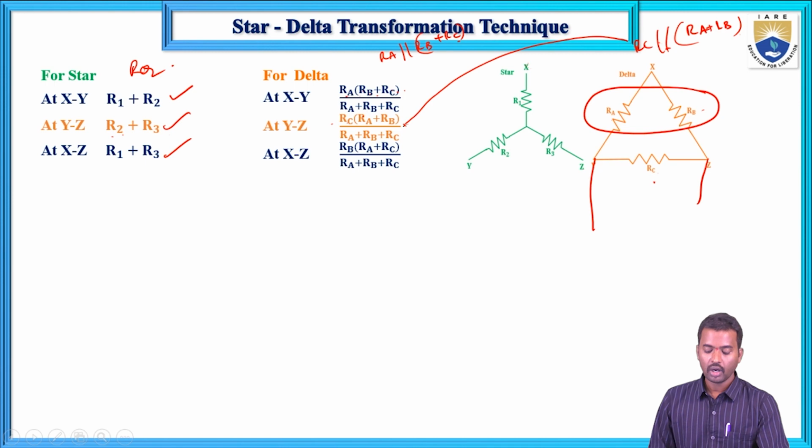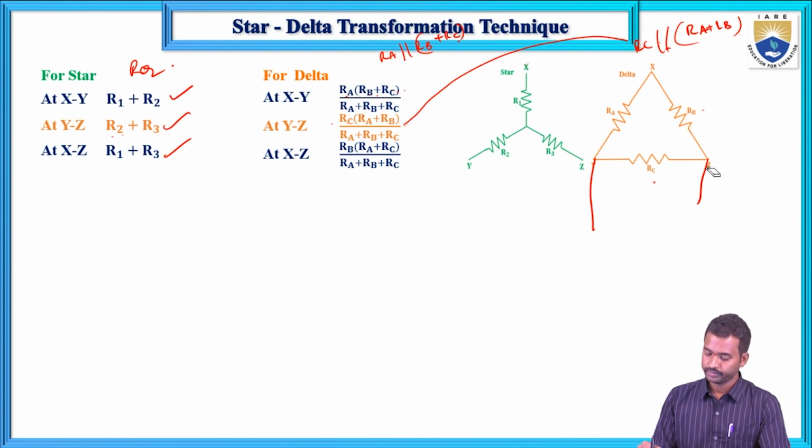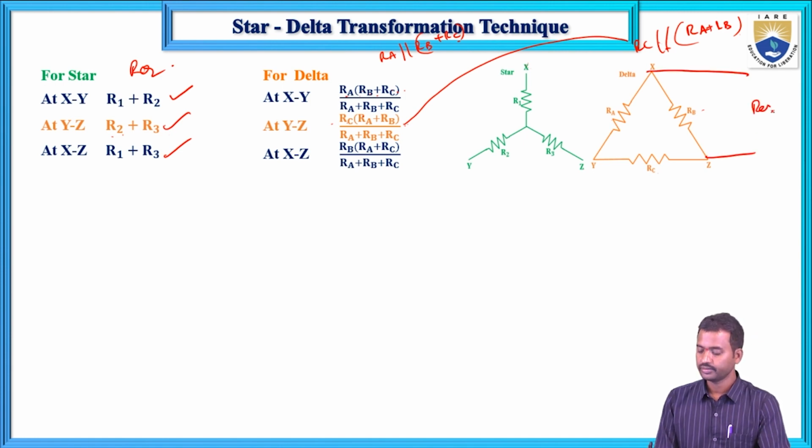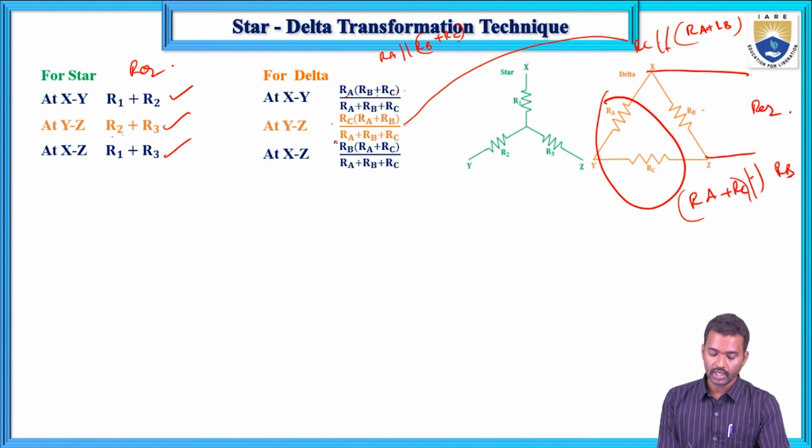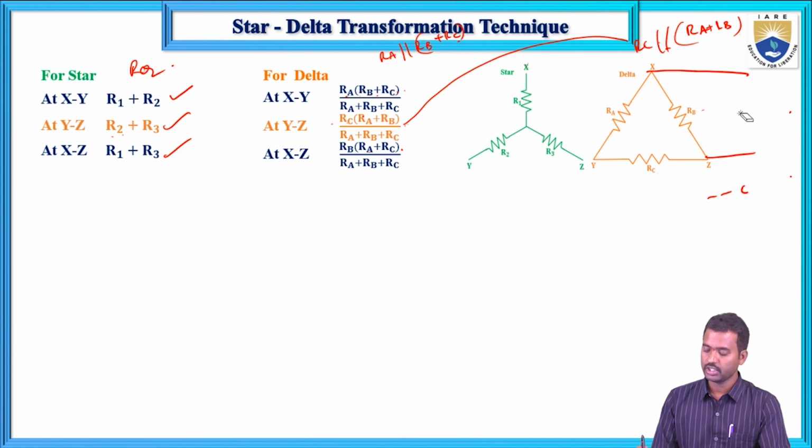Now next at X and Z, RA and RC are connected in series and in parallel with RB. Here RB into RA plus RC, divided by RA plus RB plus RC. Now these are the formulas for each case, X and Y, Y and Z and X and Z.